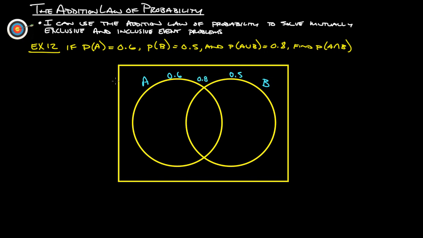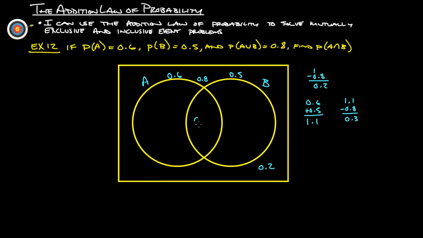Since this whole thing always has to add up to 1, if we take 1 minus 0.8, that gives us 0.2. We have 0.2 out here, which is the probability that neither one of them happens. If we add up 0.6 and 0.5, that gives us 1.1, but we know that we can only have 0.8. So we take 1.1 minus 0.8 and we get 0.3.